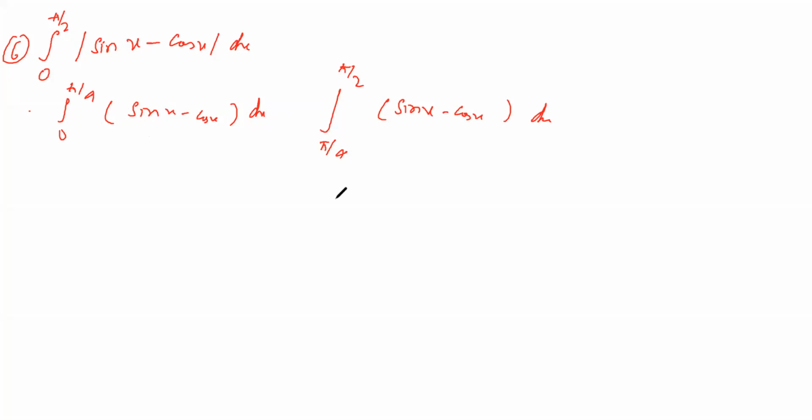So now see here, sine 30. What will the sign be here, positive or negative? We have to see. Sine 30 equals how much? 1 by 2. 1 by 2 minus cos 30.